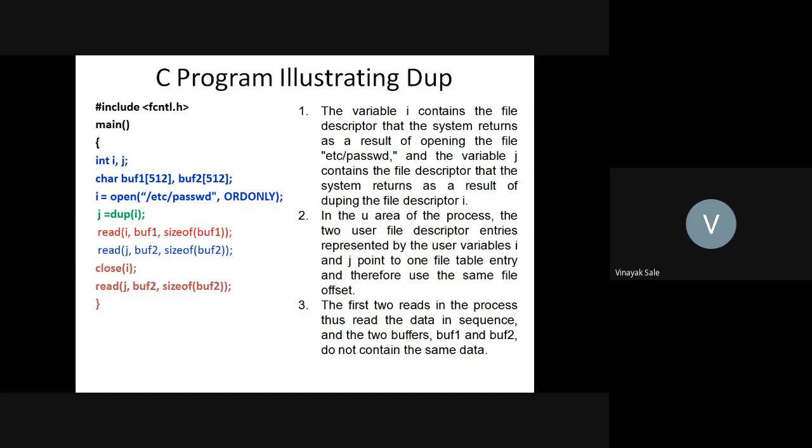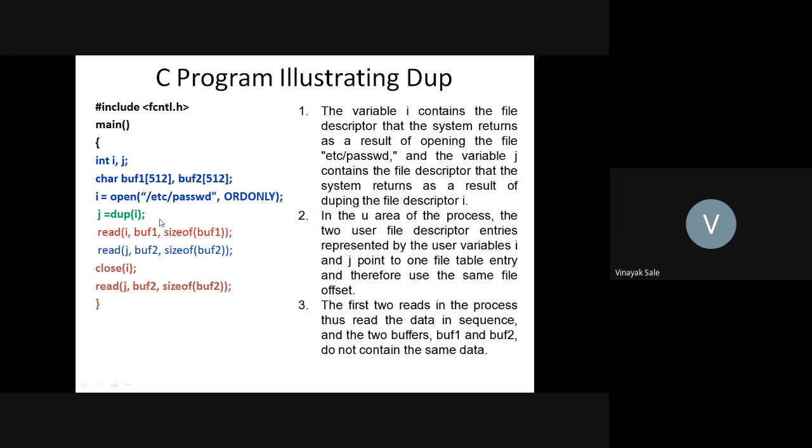See, this is a simple program of the duplication system call. In this program, here we declared integers i and j, and two character arrays, buffer1 and buffer2, with size 512.